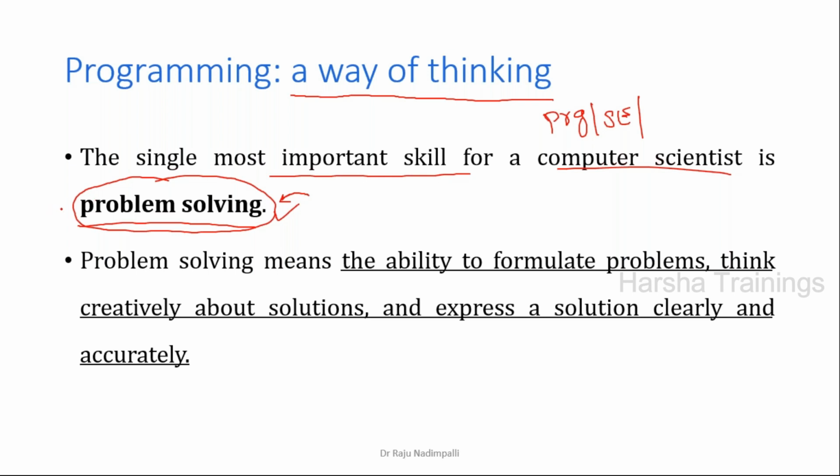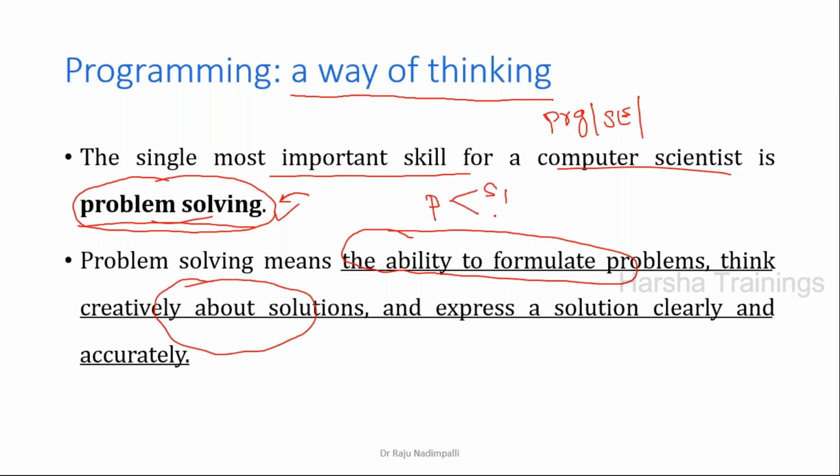Once you complete this session, you can tackle any project from your side. In order to solve a problem, you need the ability to formulate it first, then think innovatively about the solution. Every problem may have various solutions, solution 1, solution 2, and so on. Always go for the optimal solution.